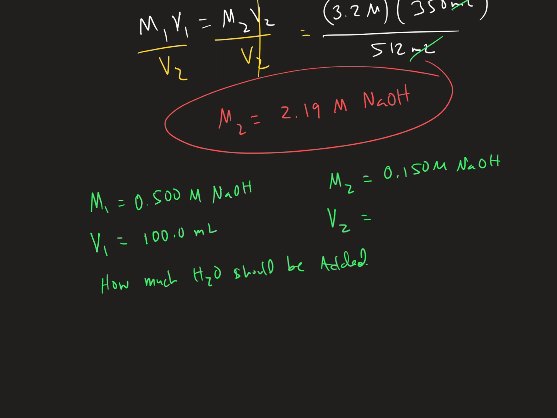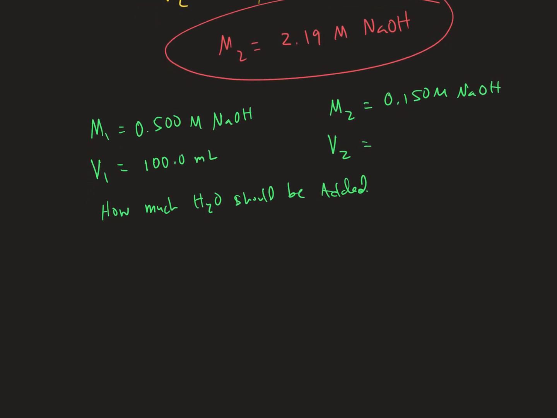M1V1 over V2 equal to M2V2 over V2. The V2s cancel each other, so you're solving for V2. Aman, tell me the formula that we're going to use. We're looking for V2.